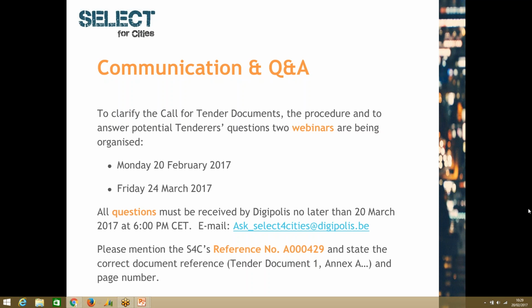So, for instance, services that were described to be performed by some kind of partner or a subcontractor will still have to be able to be delivered. But it's written very clearly, I think, in tender document 1. You have to read that document very carefully.